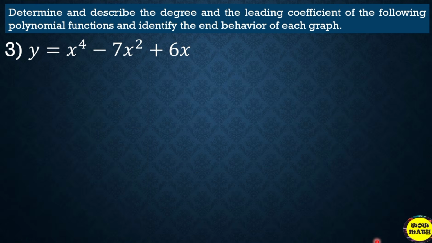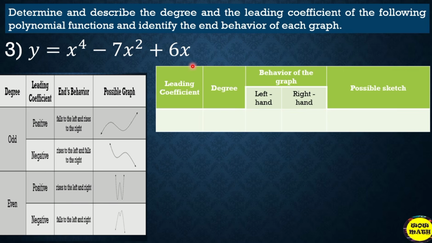Another example, we have y is equal to x to the fourth power minus 7x squared plus 6x. Okay, so what is the leading coefficient? Positive ba or negative? So makikita naman natin na ang sign natin dito is positive, so the leading coefficient is positive. Yung degree of polynomial natin is 4 at yung 4 is even number. So tingin tayo sa positive tapos even number.